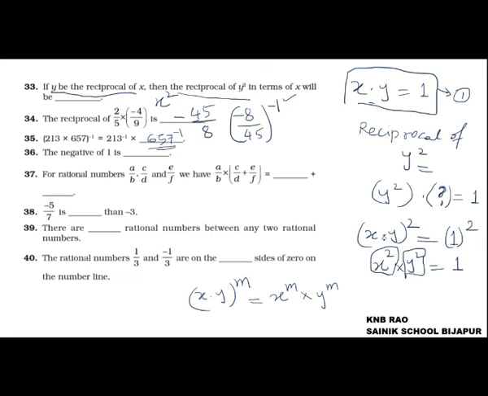It is true only for product, what you have learned in your class 7. When it is into only, it is true. And it is true even for the division symbol also: x divided by y raised to the power m equals x to the power m divided by y to the power m.